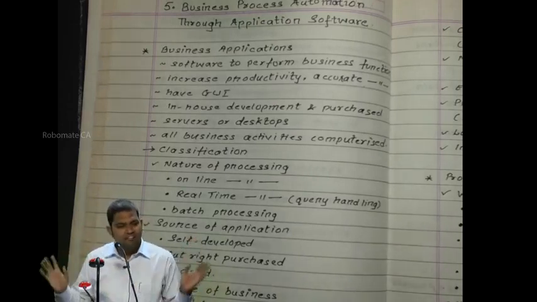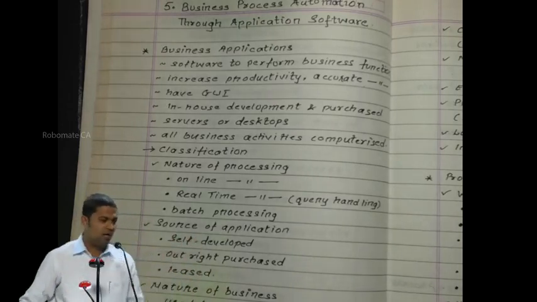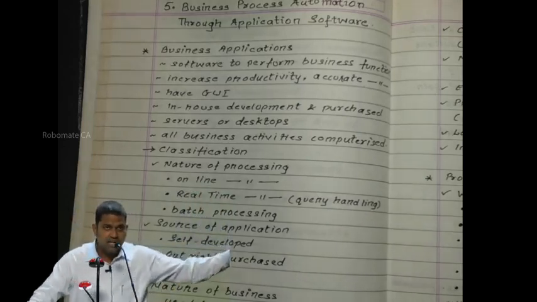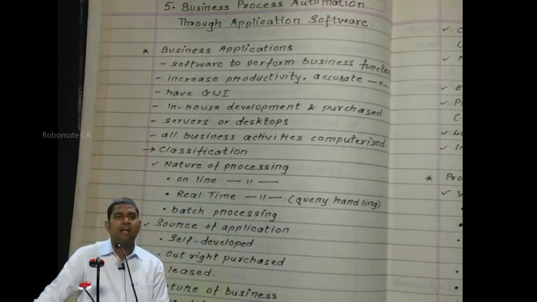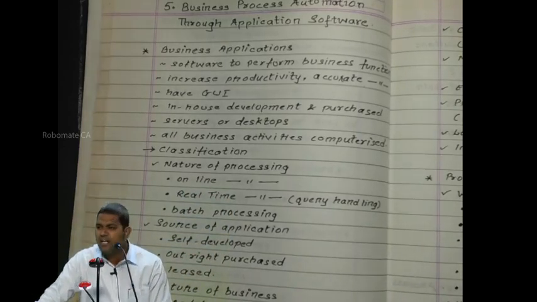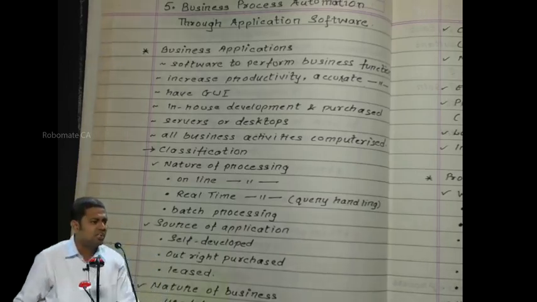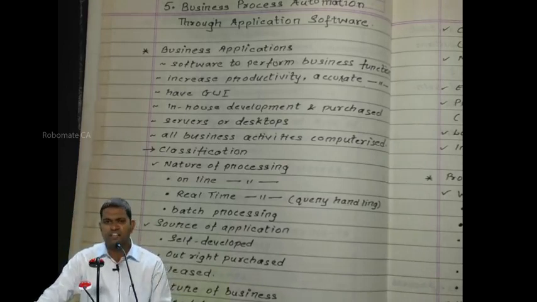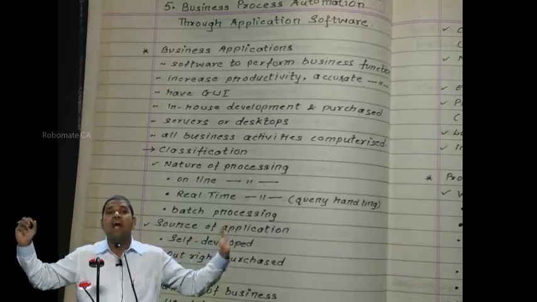He used to manage everything. And the business size was also so small. But right from the sole trading concern, business started evolving, and today we are at the era of multinational and transnational organizations that are huge in size. Their business operations are very vast. They are spread over the entire world.